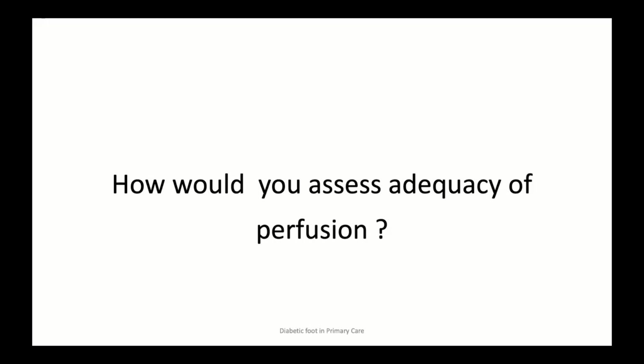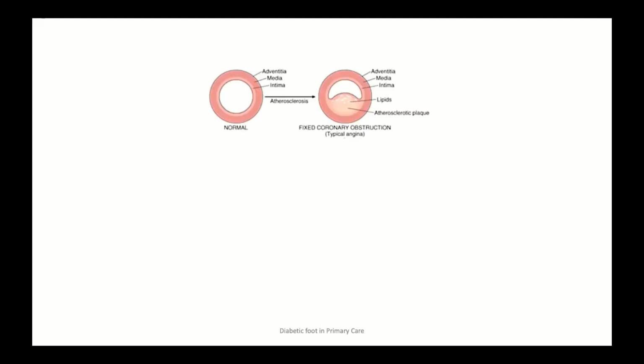Right, I'm going back to the old picture again of how cholesterol builds up in a blood vessel, and you can see how the lumen is narrowed. I'm going to try and link this to cardiac disease because it's a lot more familiar to most of you. We know patients who have a blocked heart vessel have angina, where as they walk a particular distance, there is going to be anaerobic metabolism because the blood supply is not enough at that point to meet the demands of the muscles of the myocardium.